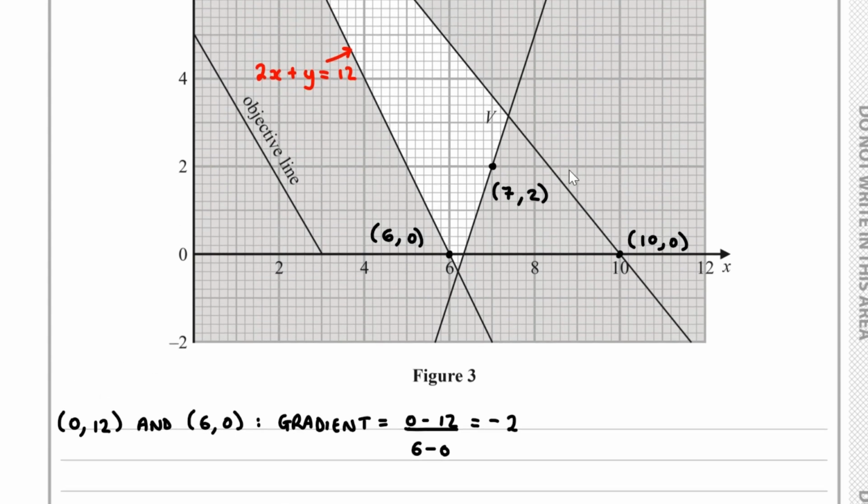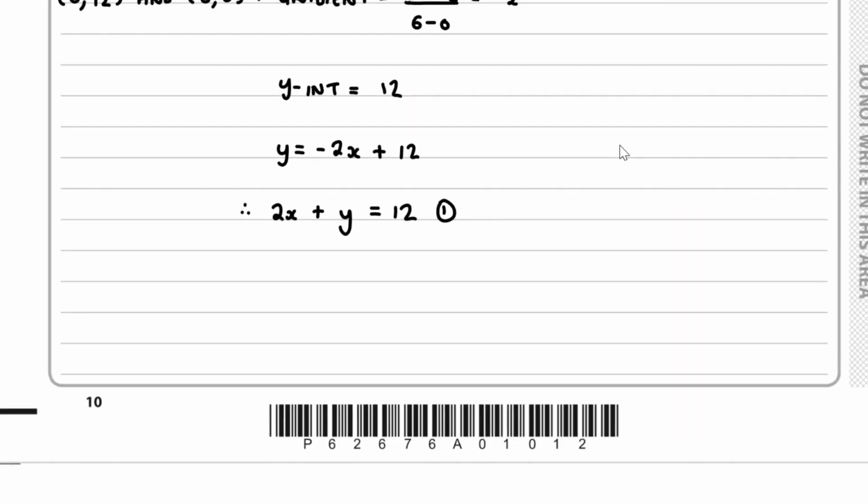Let's now consider the points 7, 2 and 9, 8. So if we consider the points 7, 2 and 9, 8, the gradient, that's equal to 8 take away 2 over 9 take away 7, which is equal to 3.